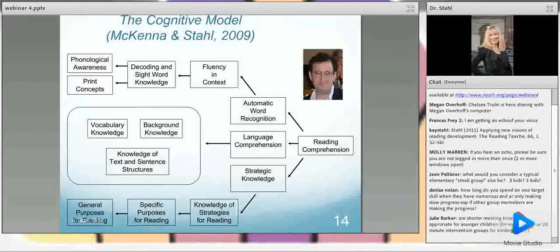All of the information that I will be sharing with you today is based on the cognitive model that was developed by my beloved late husband, Stephen Stahl. He developed this model, which looks at comprehension as the center of all reading instruction.